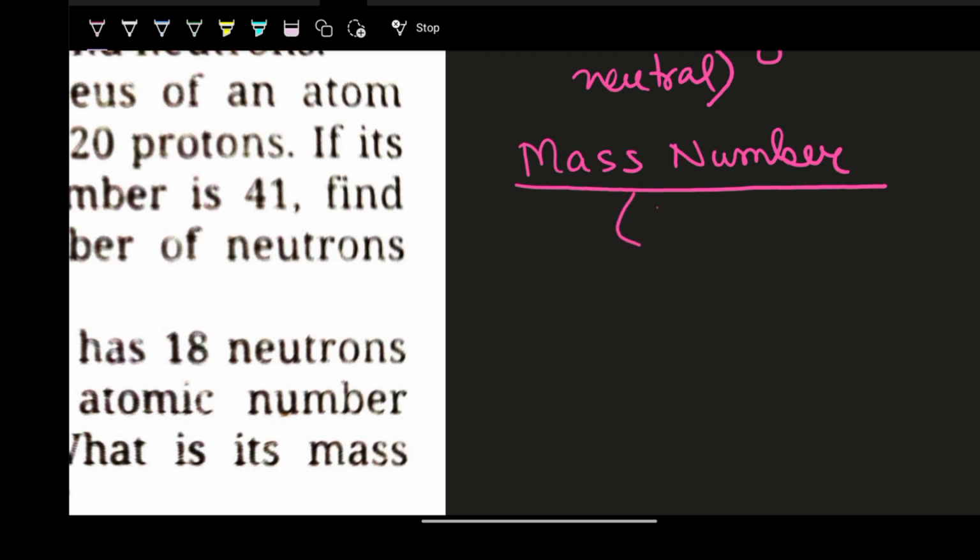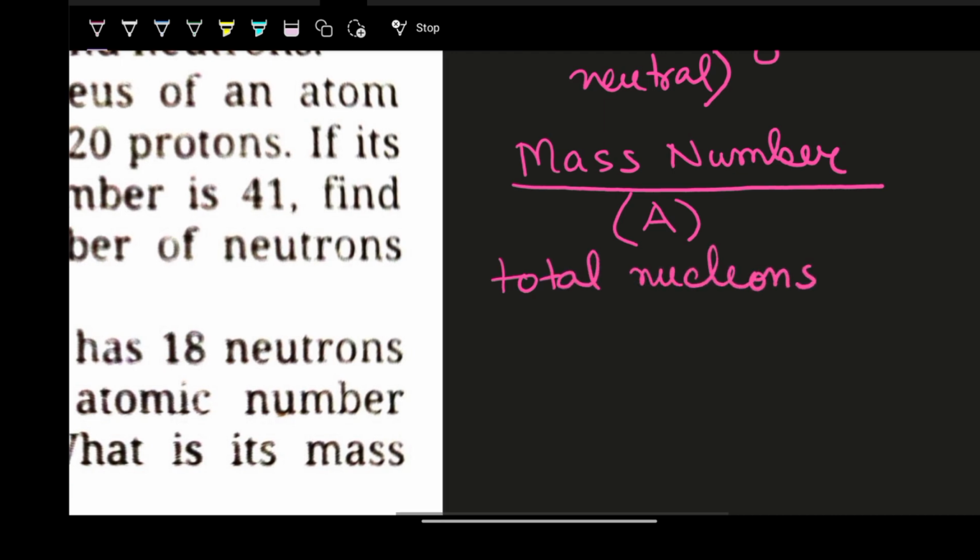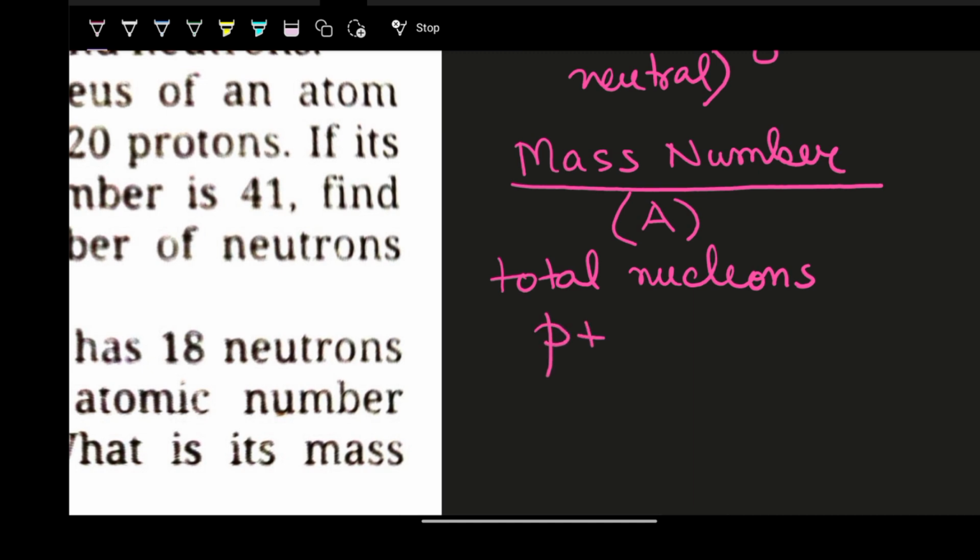It is denoted by the symbol capital A, and that is P plus N, which is equal to A. If the number of protons is Z, then Z plus N is equal to A, which is the mass number.